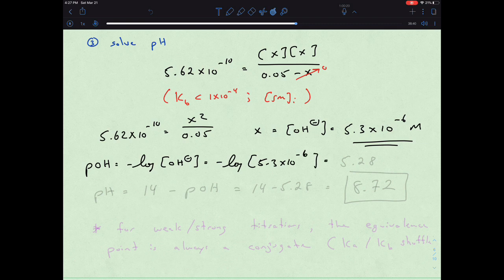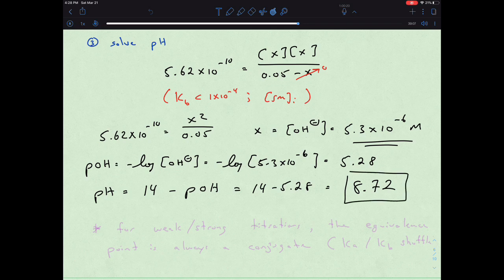And the pOH here is equal to 5.28. And then remember, pH plus pOH is equal to 14, or pH is equal to 14 minus pOH. And so we get a pH of 8.72.